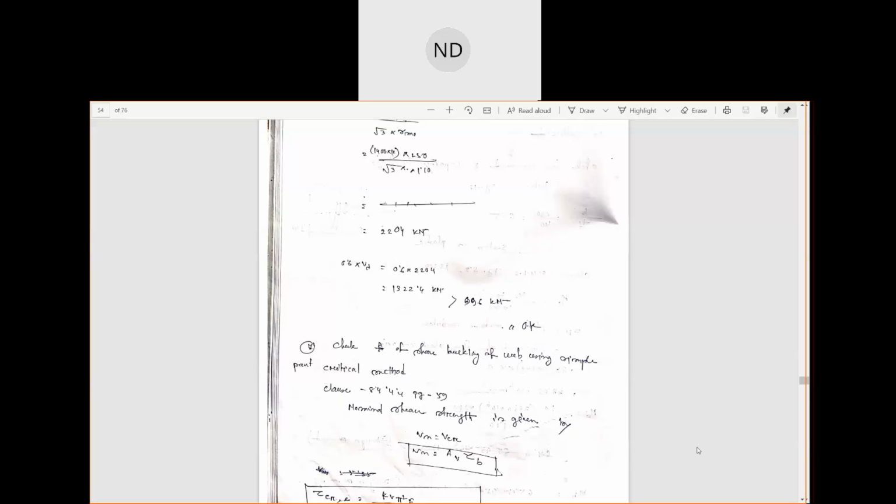Is it over here? No. Check for shear buckling of web using simple post-critical method. It's over here. This part, step number 7 is over.